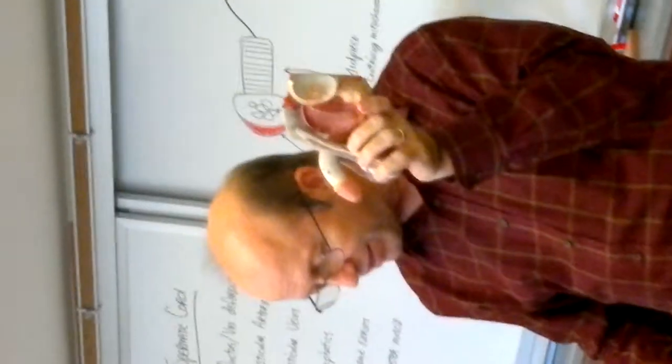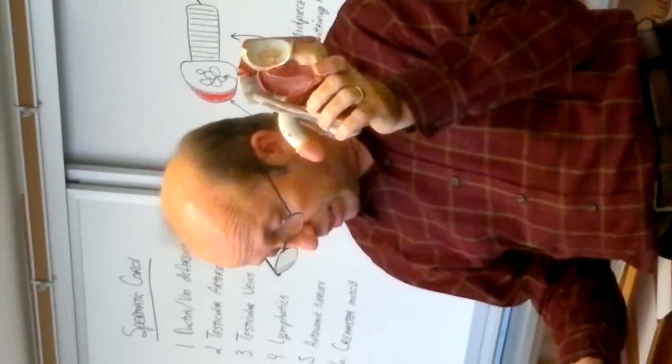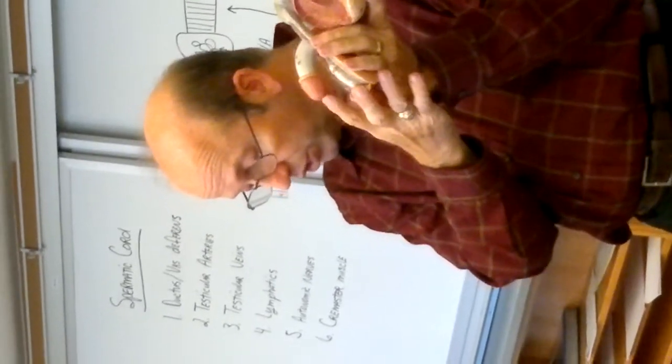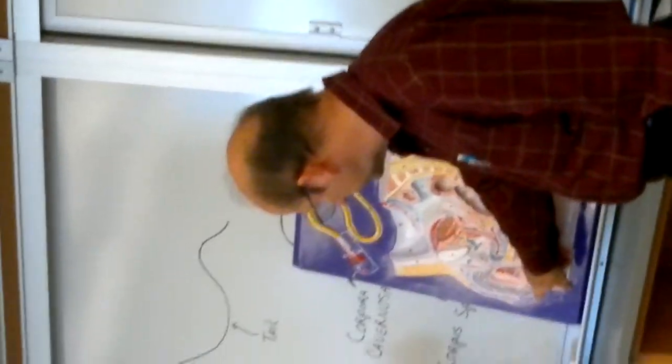This one is circumcised. External urethral orifice is just the end of the urethra. You know where the internal urethral orifice is, right? It's where the urethra leaves the urinary bladder. And the external urethral orifice is at the other end, where urine comes out. So, the internal and external urethral orifice.